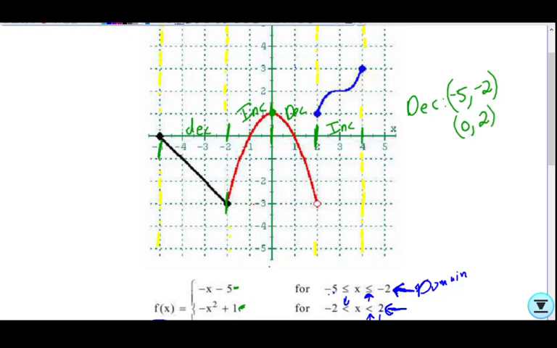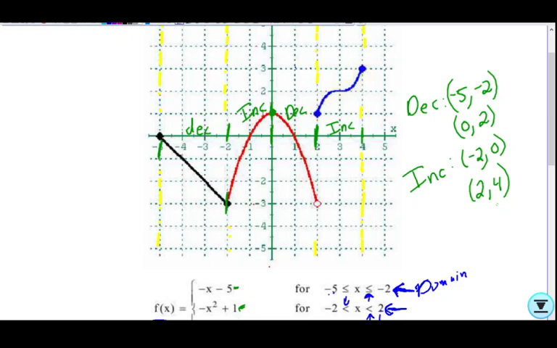That's where my function is decreasing. My function is increasing from -2 to 0 and from 2 to 4. Okay? Real easy. This function doesn't have any places where the function is constant. You would literally need a constant function for that, a horizontal line, to see where that happens.